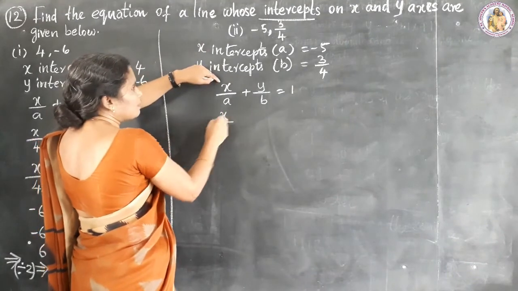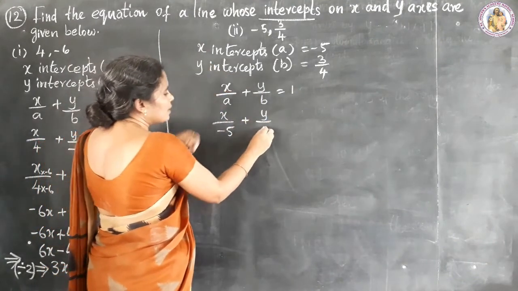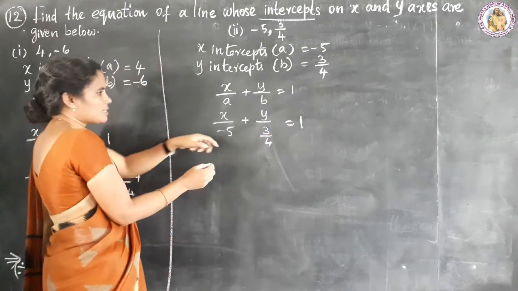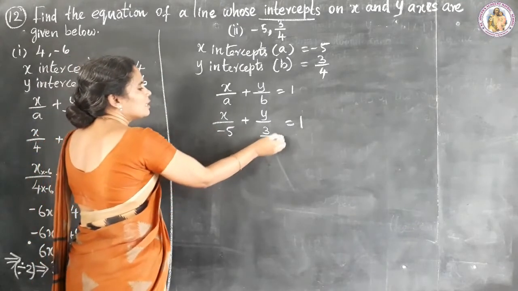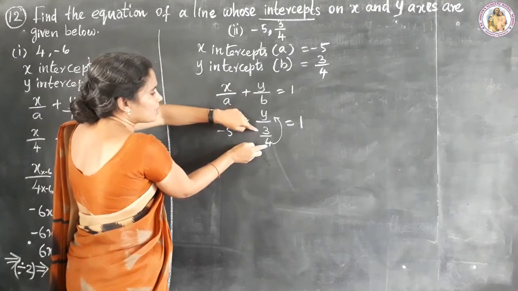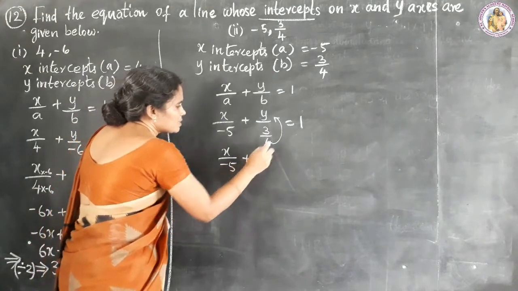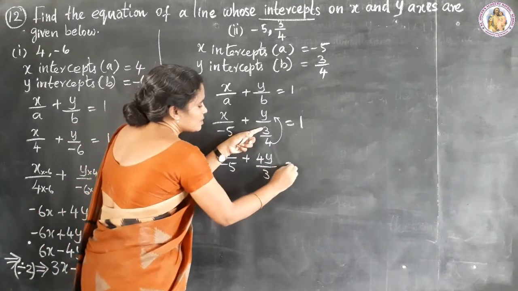Now x divided by minus 5 plus y divided by 3 by 4 is equal to 1. In the next step, numerator times numerator: x by minus 5 plus 4y divided by 3 is equal to 1.